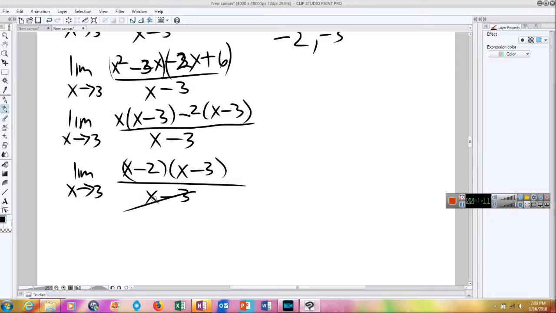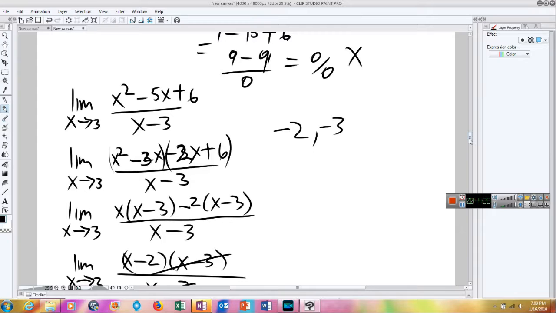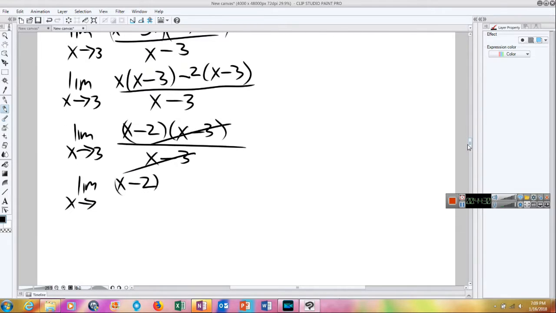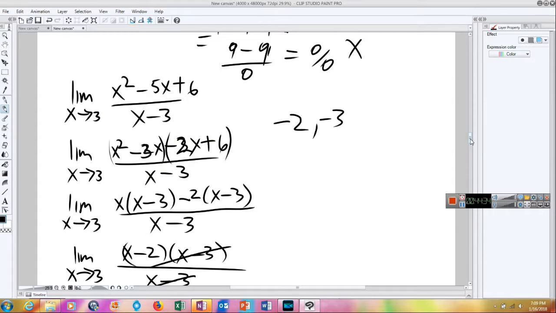And immediately we notice that these two parts here cancel, leaving us with, you guessed it, the limit as x tends to 3 for the function x minus 2. So at this point we've gone from x squared minus 5x plus 6 to simply x minus 2.